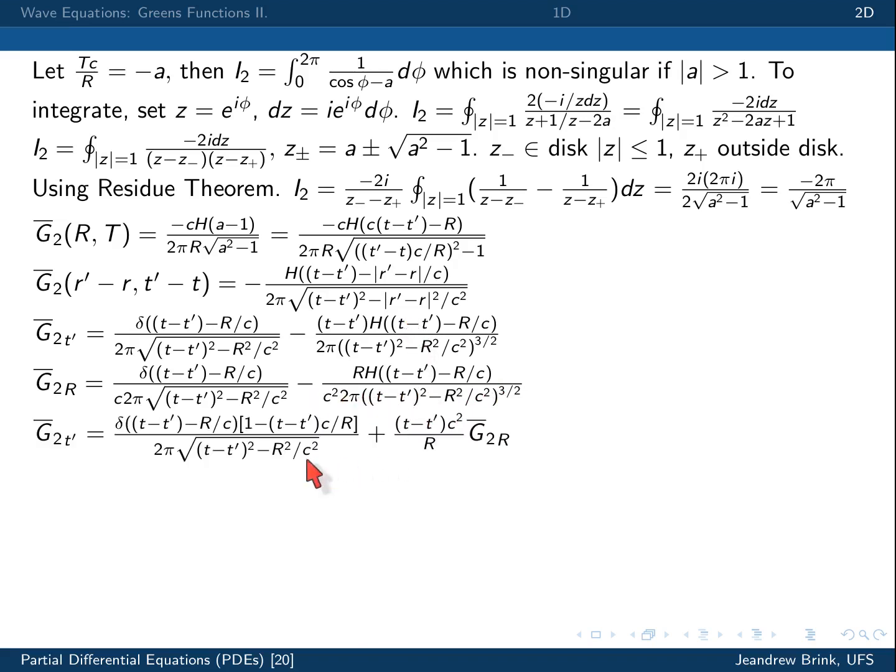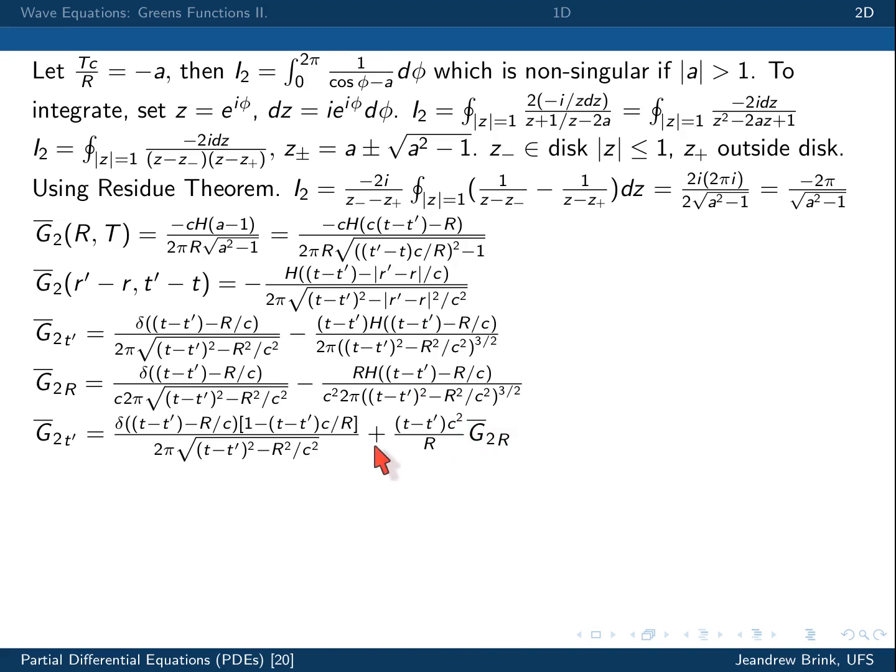When we do that, we can express the derivative of the Green's function with respect to t prime as the delta function that multiplies a term over here, plus t minus t prime times c squared over r times the derivative of the Green's function with respect to r over here. So we haven't gotten rid of this term, we've just put it into a different derivative, which, as we'll see, will be easier to manipulate when we write out the integrals.